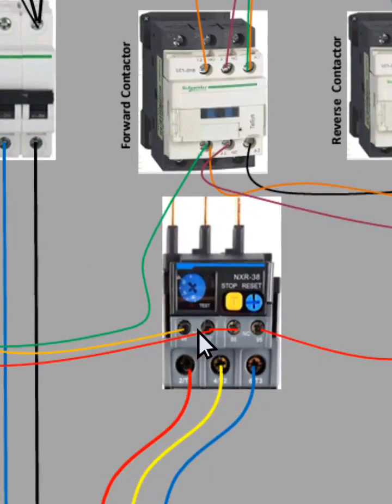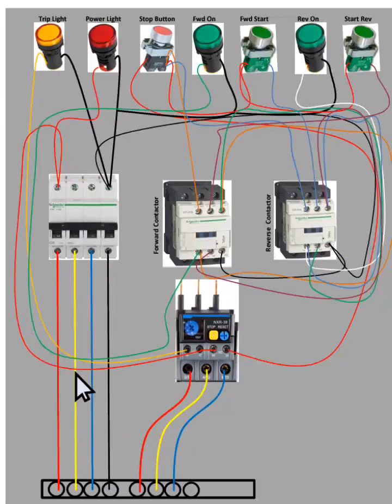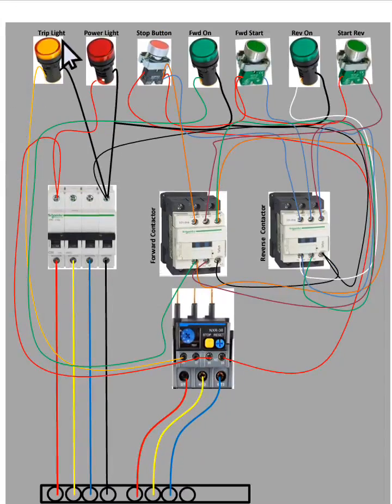When the overload is in good condition and has not tripped, this part is open circuited, so current doesn't flow. When it trips, this part becomes closed, so the current flows to our trip light.